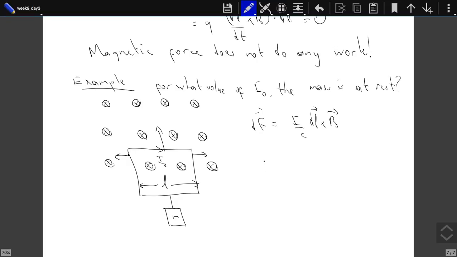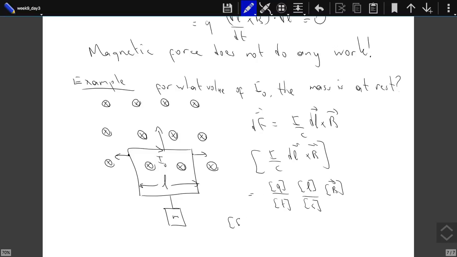Well, let's see. The unit of I over C dl cross B: the unit of I over C is the unit of Q divided by the unit of time, times the unit of length divided by the unit of C times the unit of B. Well, the unit of B times the unit of Q, remember, is the force.